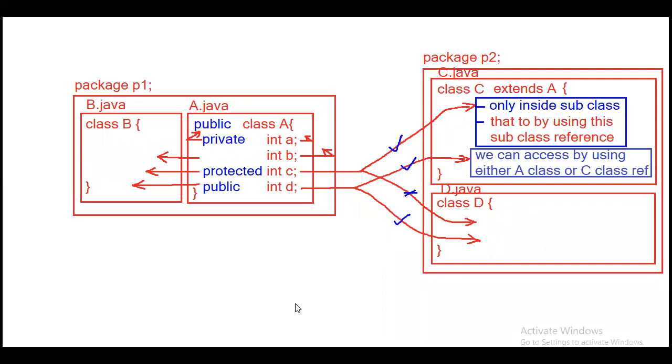Got clarity? Then now tell me, can you apply the accessibility modifiers concept in this example? While I'm talking, are you connected to the subject or not? Tell me now.